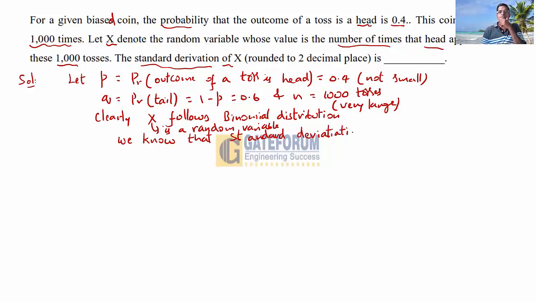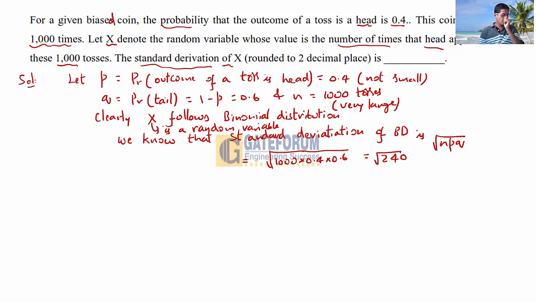The standard deviation of the binomial distribution, that is BD is the full form of binomial distribution, is the square root of n into p into q, which is nothing but the square root of 1000 into 0.4 into 0.6. So this is equal to the square root of 240.